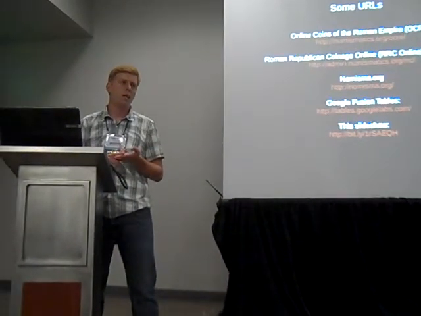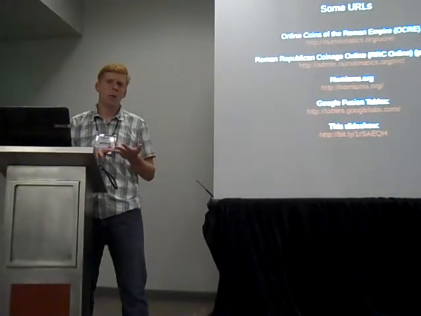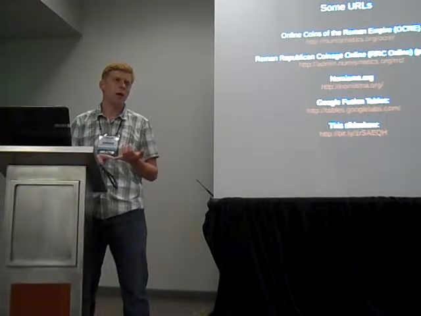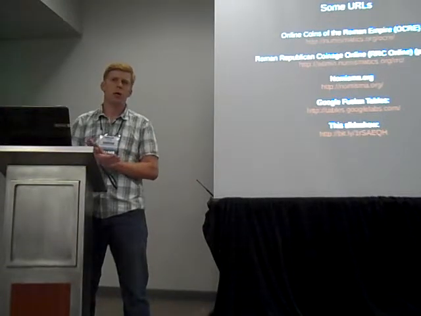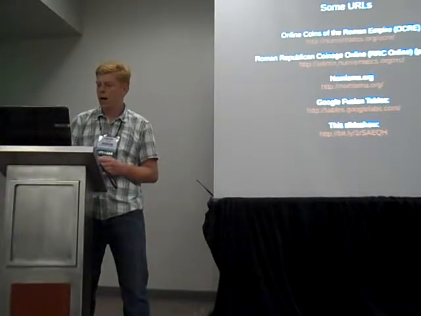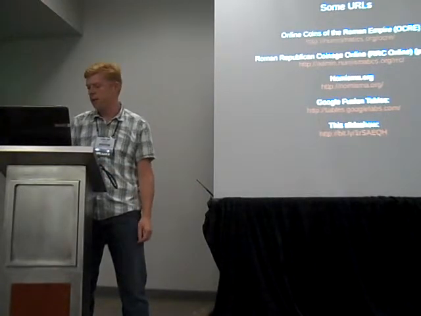So a coin type has a material. It was minted at a certain place. It says something on the front and back of the coin. It has iconography on the front and back. It was issued by some sort of authority, whether a ruler or a state, a nation state, something like that. And it has a denomination and a few other typological facets.